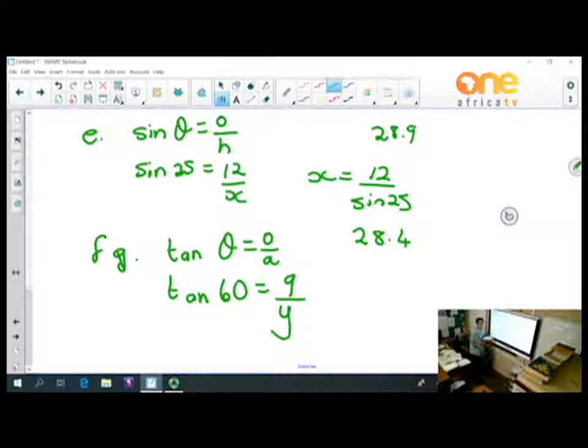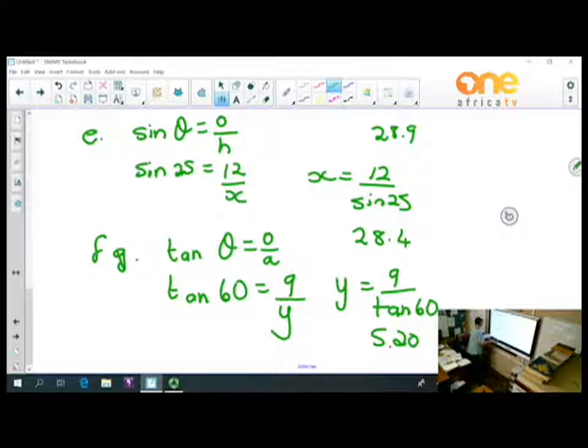How do I get the bottom one? Which method? Bottom divide. So 9 divided by tan 60 is equal to 5.20. Look at the rounding every time.